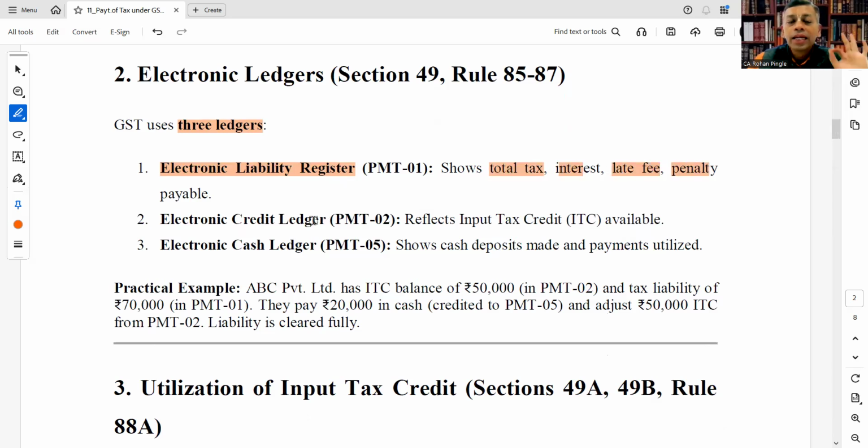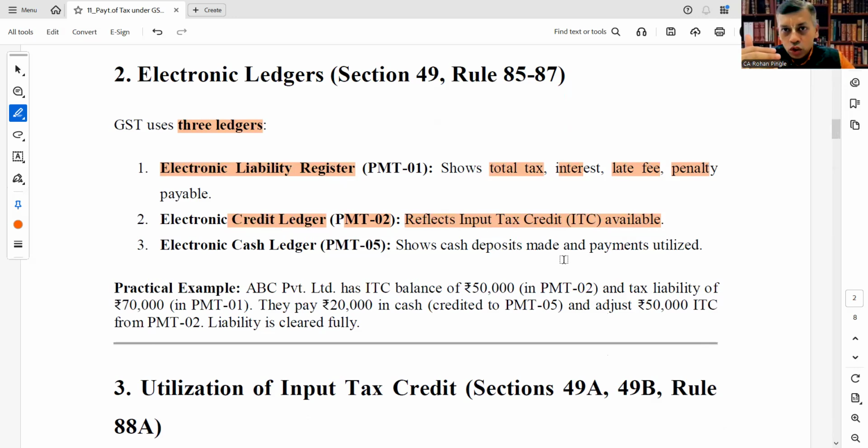First is the electronic liability register, which is also known as PMT-01, and it shows total tax, interest, late fee, and penalty payable. Second, the electronic credit ledger, that is PMT-02, reflects your input tax credit available.